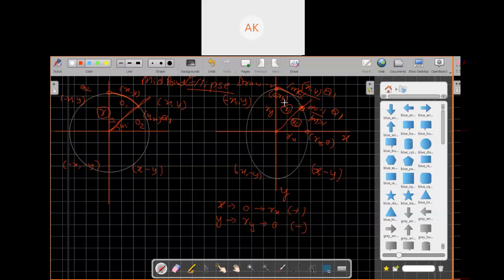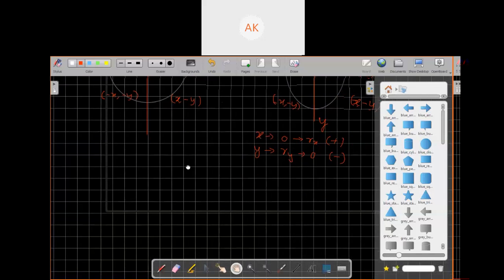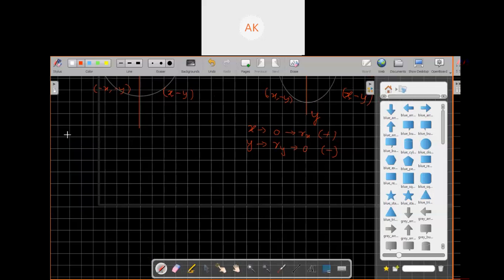Okay, so we have divided our ellipse into two regions, region 1 and region 2. In region 1, your slope of tangent is m less than 1.